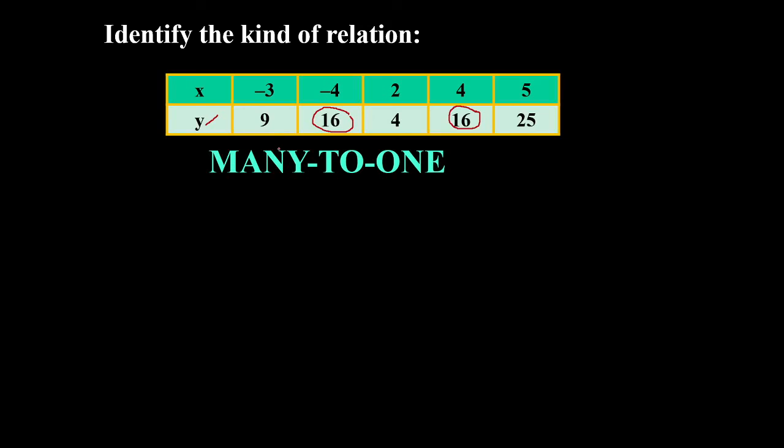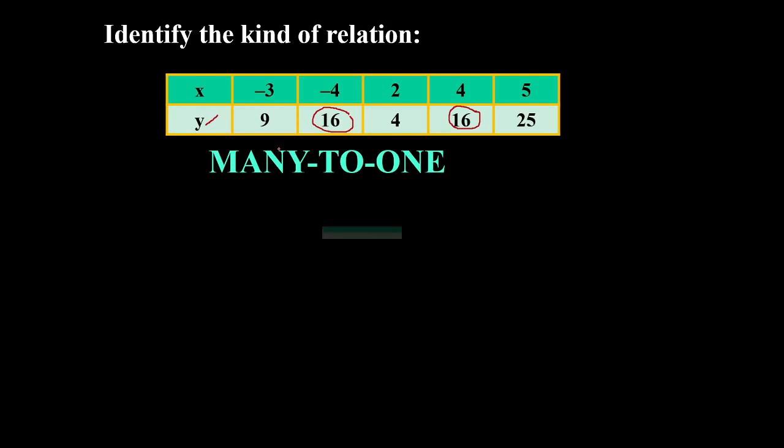And take note, I have emphasized that a while ago: repetition in Y, many to one. Repetition in X, one to many. No repetition, one to one. So this is a many to one relation.